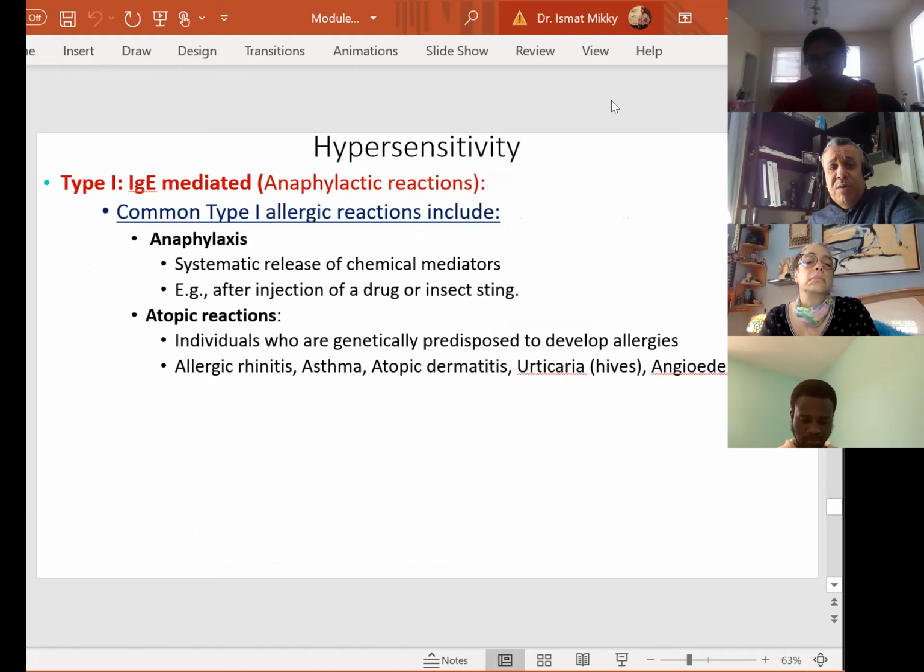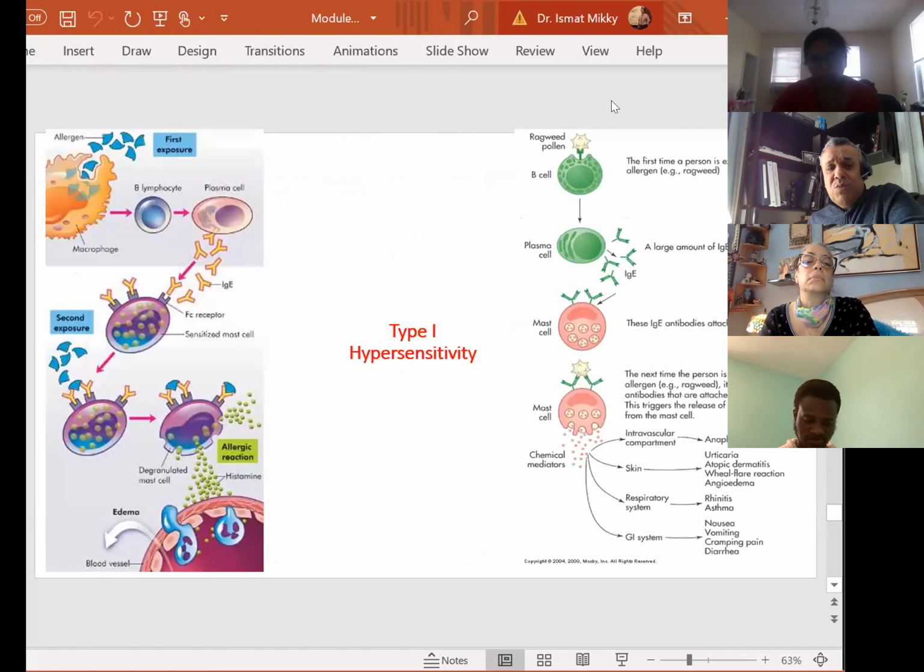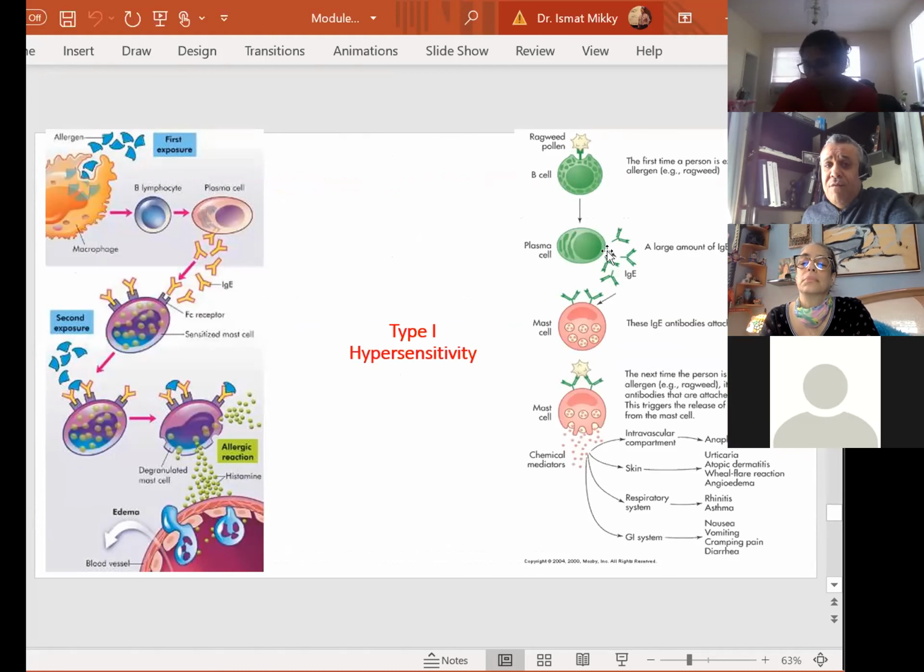And if you recall from last week when we talked about IgE as an immunoglobulin type E, it would elicit the allergic reaction. First of all, we have to be exposed to it. It consists of two phases.